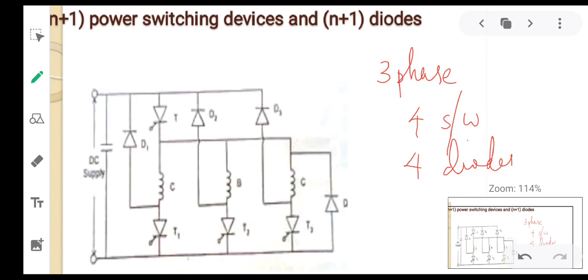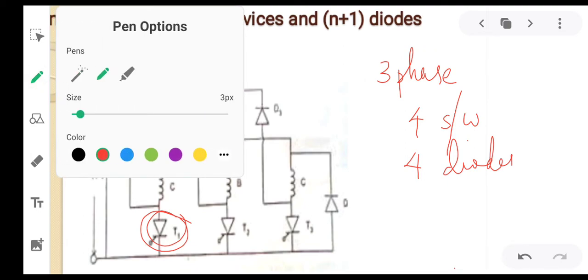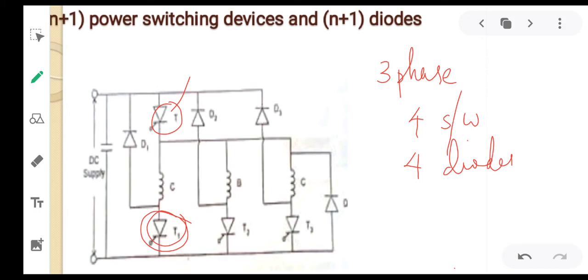Here I can see that these are the switches, and this switch is common to every phase, isn't it? This is phase A, this is phase B, and this is phase C.